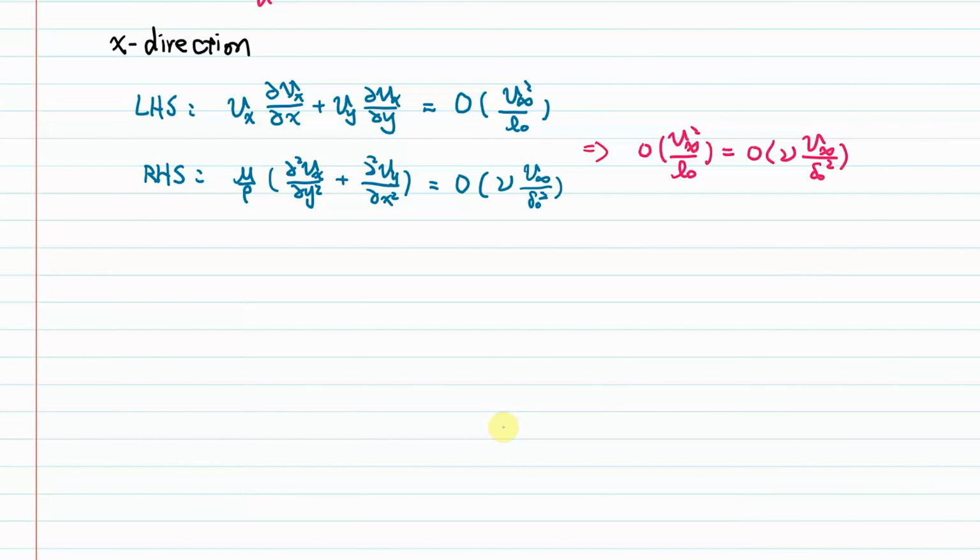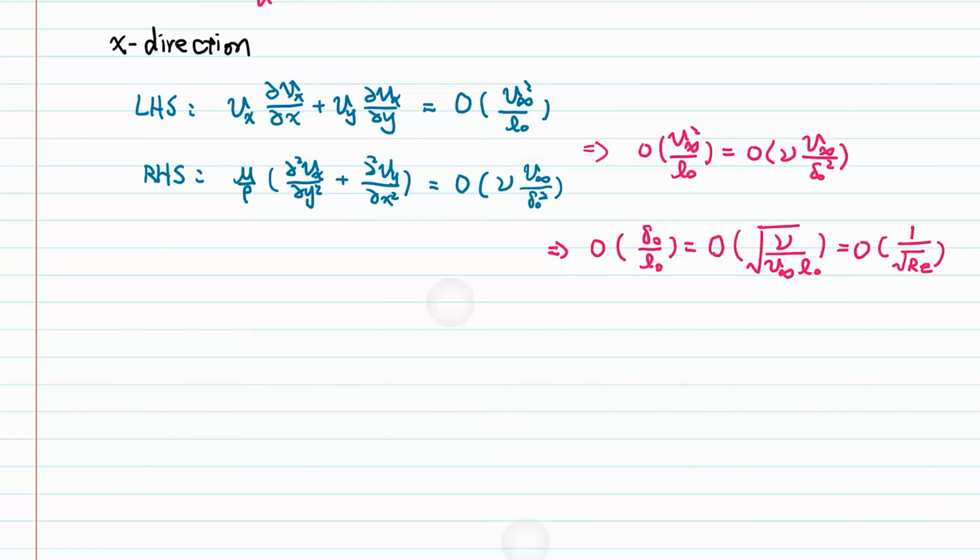So that also shows that the order of delta naught over L naught would be of the order of the square root of the kinematic viscosity over V infinite times L naught. And this actually equals the order of 1 over the square root of the Reynolds number. This is a very important result.